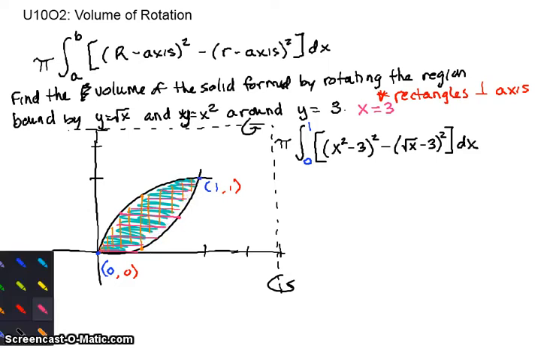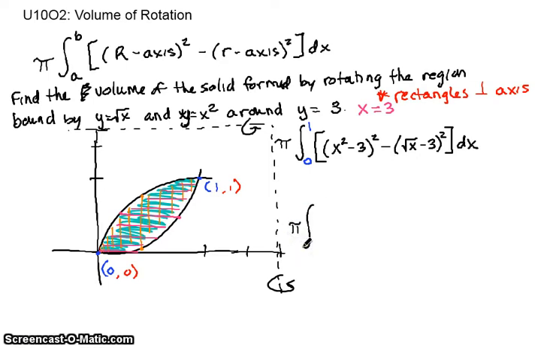So when we think about our integral, our answer for this one, we're going to say pi times the integral. Now this time we're building from the bottom up. So instead of taking the 0 that's blue, because that's an x value, we're going to take the red 0 to the red 1. So we're dealing with y values. Since we're dealing with y values, we need to integrate with respect to y.